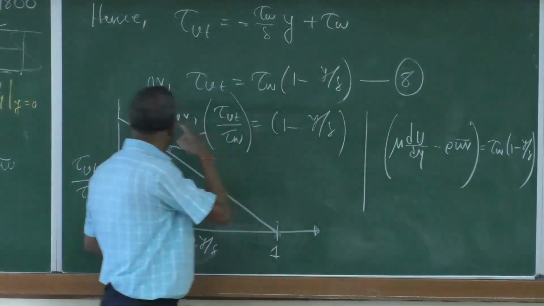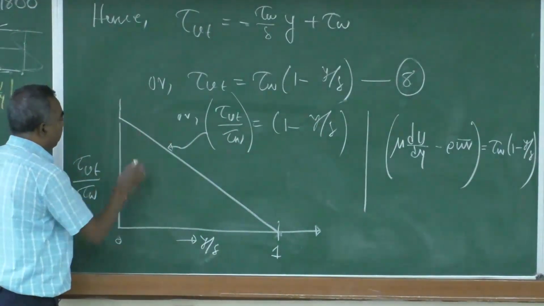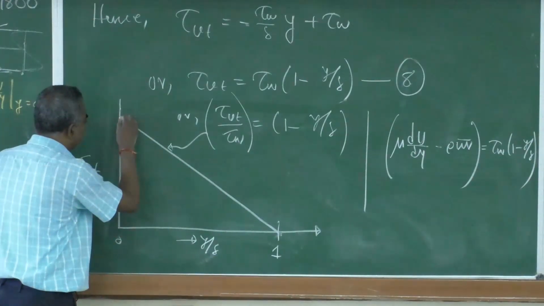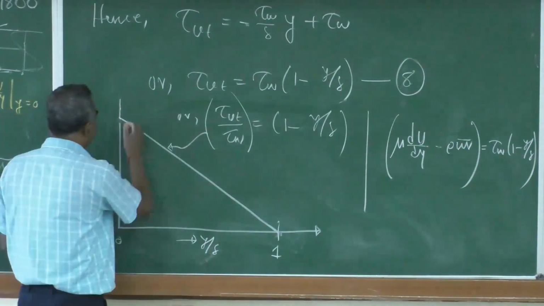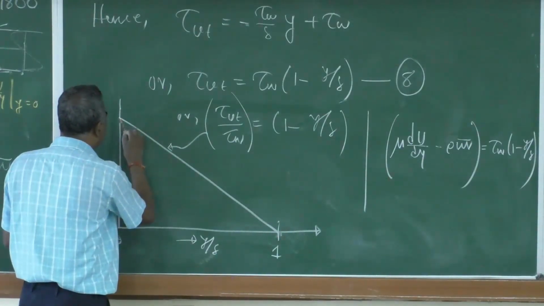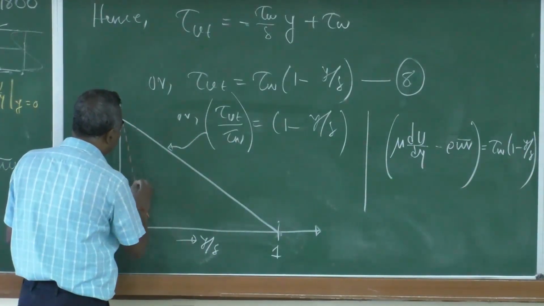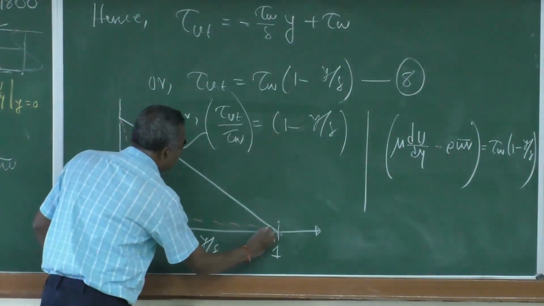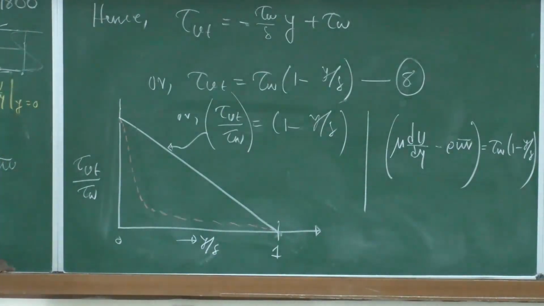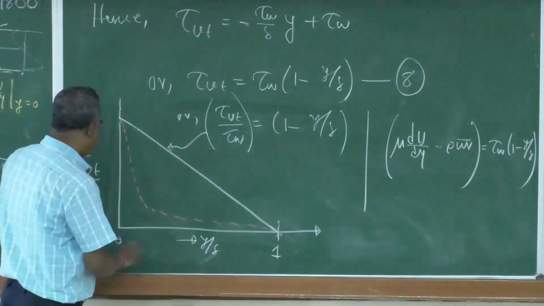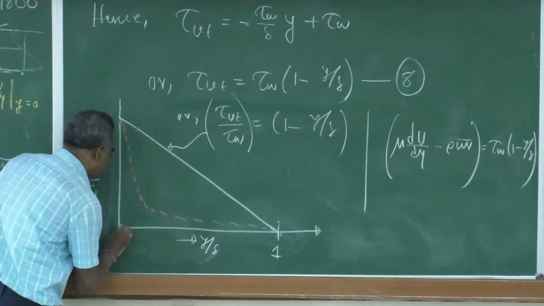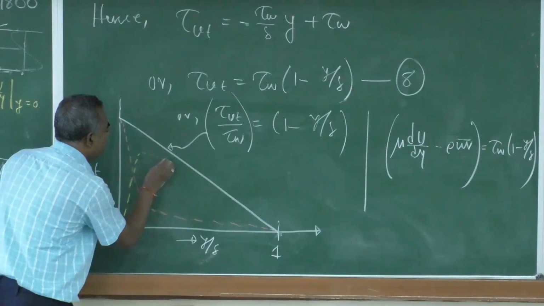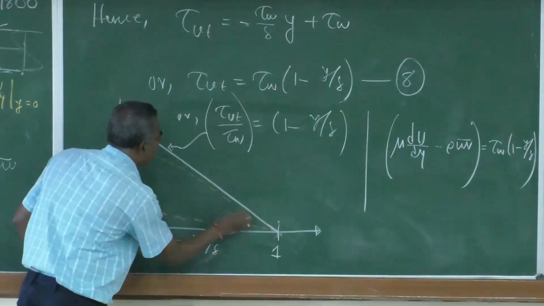So the wall shear stress, which is maximum at the wall, is going to decrease as you increase the y distance, and it is going to be negligible a little bit away from the wall. Whereas the Reynolds shear stress is slowly picking up, and it is going to be something like this.